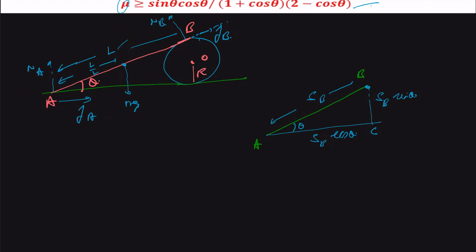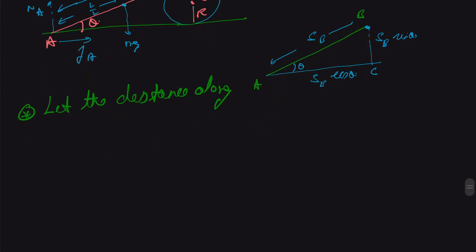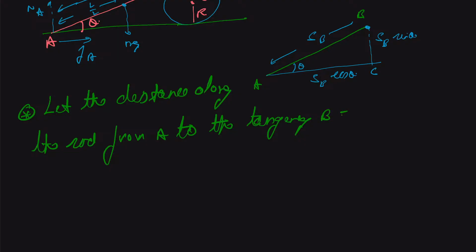So what we did, we considered that we say that let the distance along the rod from A to the tangency B is our SB.